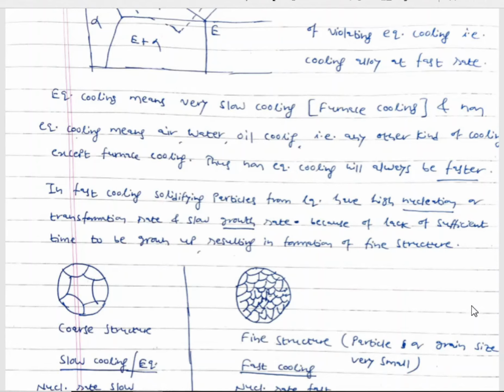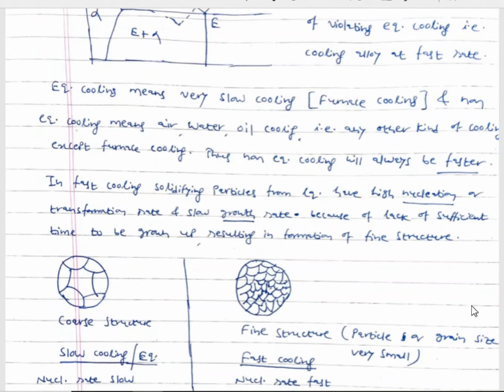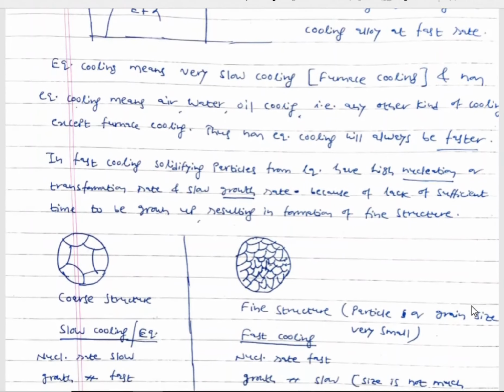The nucleation rate will be slow, that is, the number of particles transforming out of liquid will be less, and due to slow cooling, they will have sufficient time to grow up. So it will result in the formation of coarse structure. So this is the difference between coarse structure and fine structure, which are the results of slow cooling and fast cooling.